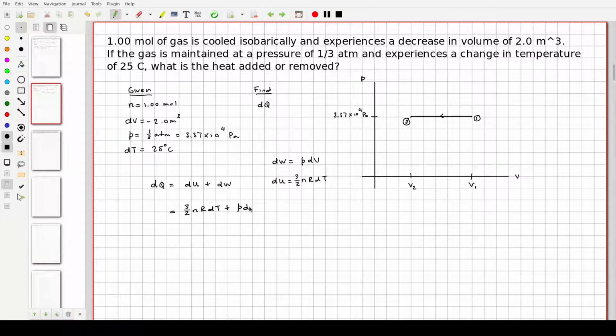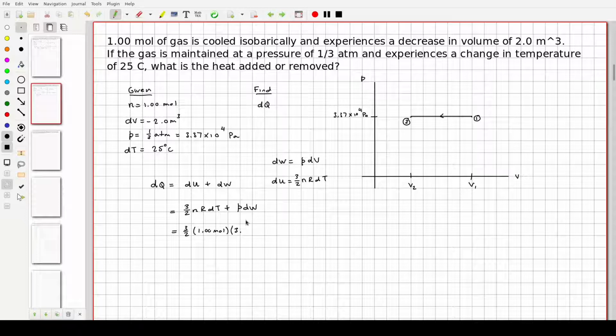So here's our first law. It looks like this. This is 1.00 moles. R is... this is always very frustrating for me.